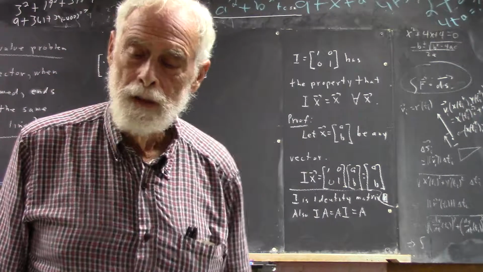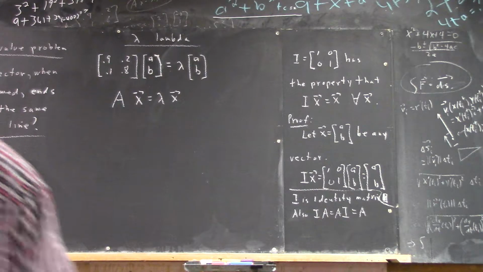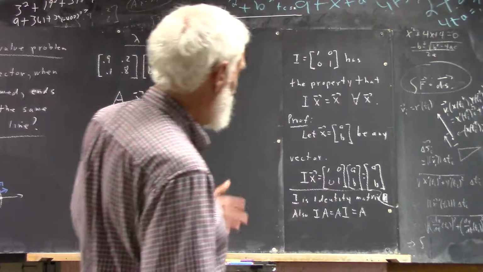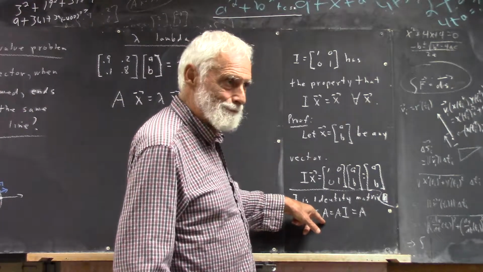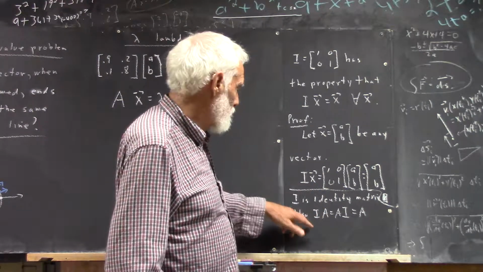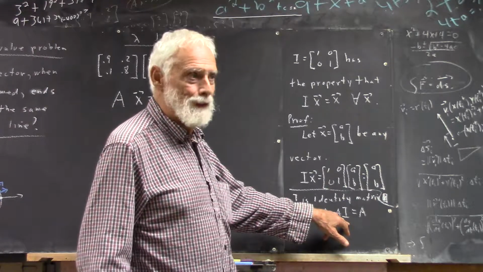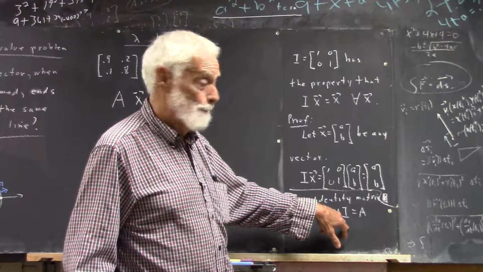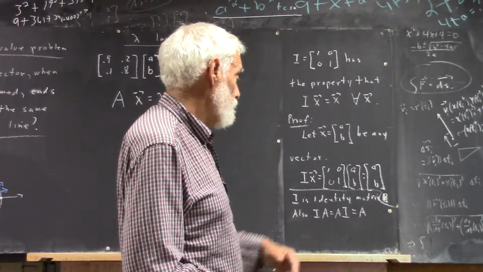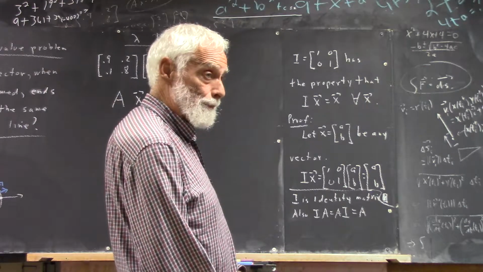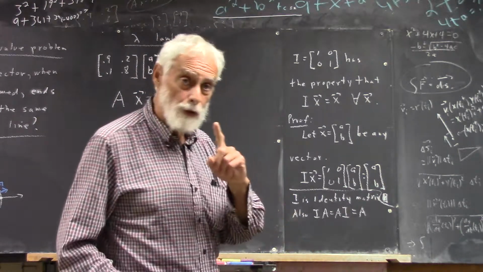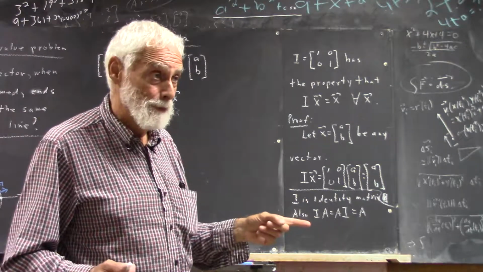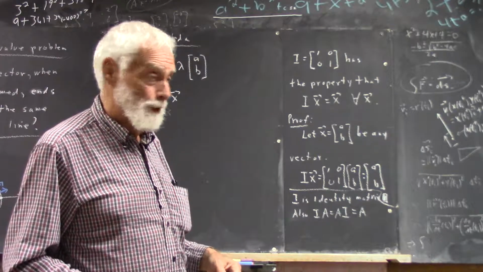Also, if you multiply the identity matrix by any matrix A that's compatible for multiplication, because of course the columns of A have to match the length of the rows of I, and to do it in the opposite direction, the same has to be true. So they both have to be square matrices. Anyhow, you establish this. That's very much like the role of the number 1 in basic arithmetic of real numbers. 1 is the identity.